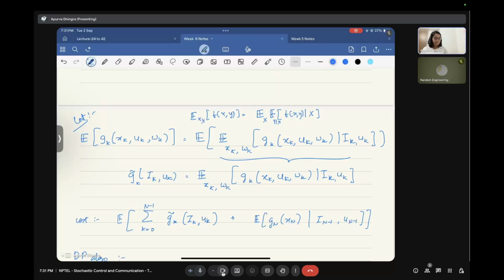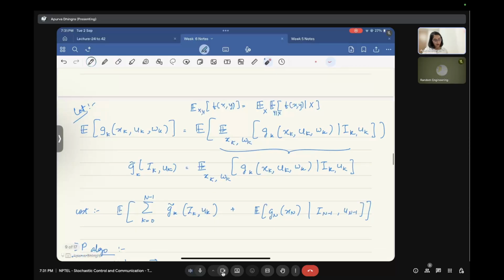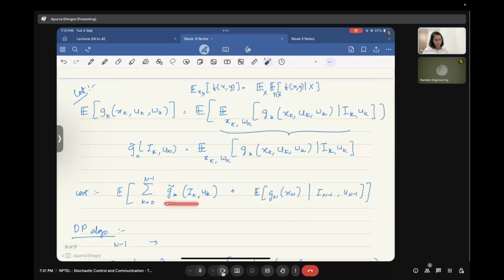So this term can be rewritten as this g tilde, and now it looks pretty much like the way we had it. Because we have already taken the expectation over the randomness in our problem, that gets taken care of, and this becomes the expected cost. The terminal cost will have to be dealt with in a similar way.